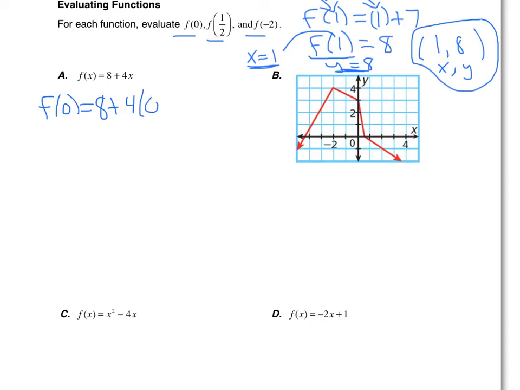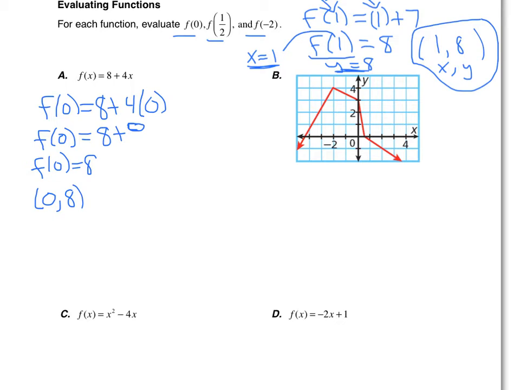So where there's an x, you put a 0. And then we're going to use f of 0 notation so that we know that the input is 0 for our function. And then we perform the math. 8 plus 4 times 0 is 0. And then f of 0 equals 8. So the value of the function at an input of 0 is 8. So basically, if we were to write the ordered pair, the input is 0 and the output is 8.